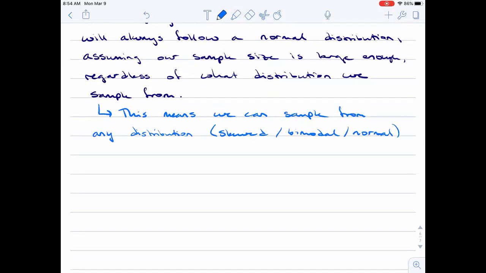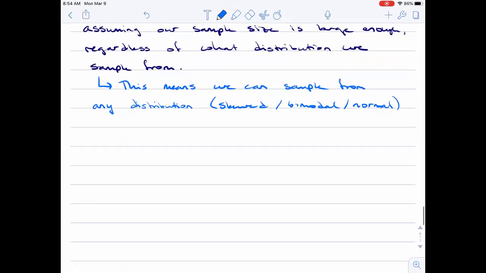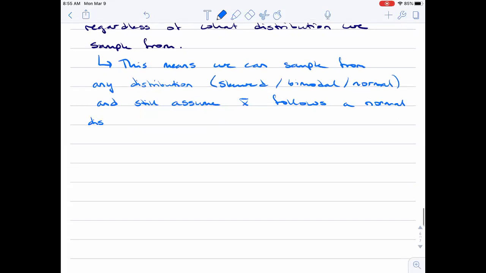So this means we can sample from any distribution and still assume X bar follows a normal distribution if n is large enough. We are going to be talking a lot about n, so at this point I'm expecting you to remember that n is just the sample size.